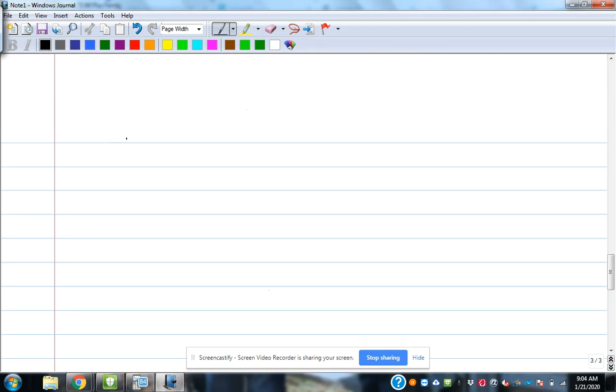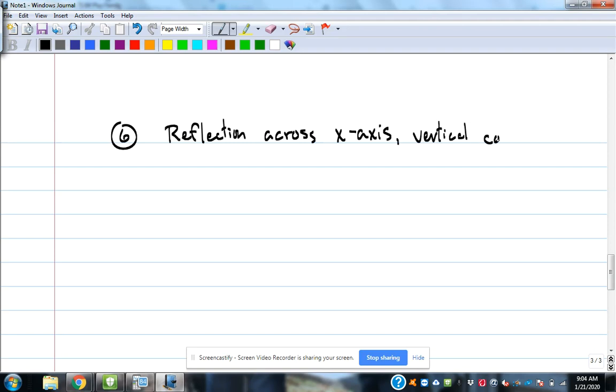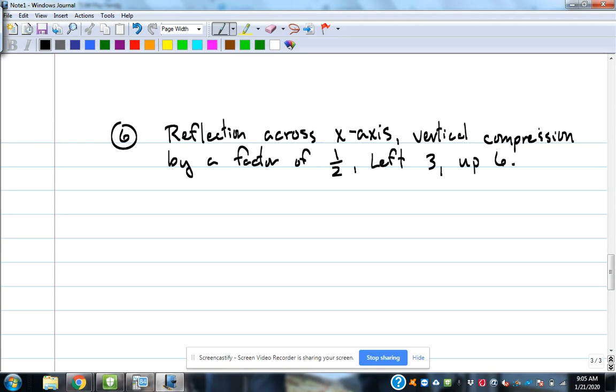Do one more with that same function. Let's do a reflection across the x-axis, a vertical compression by a factor of 1/2, left 3, up 6. A lot of stuff happening with this one.